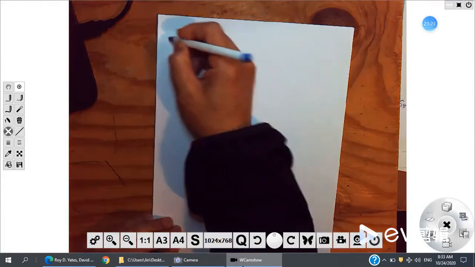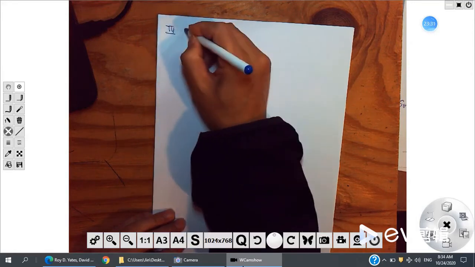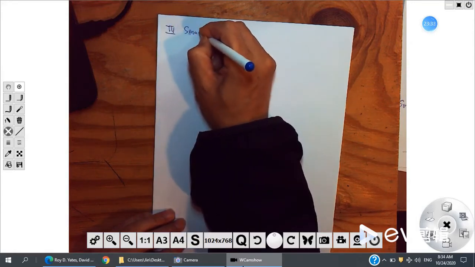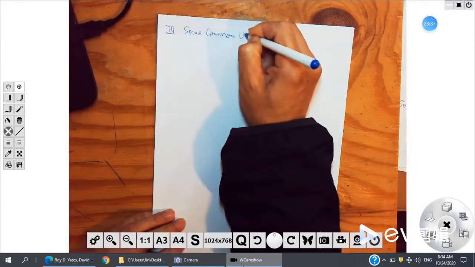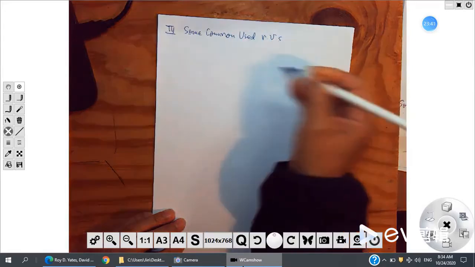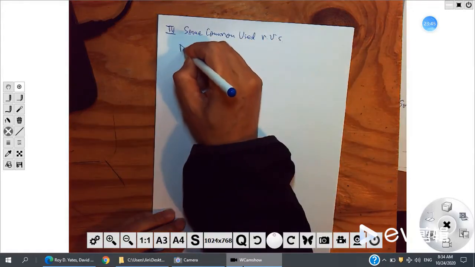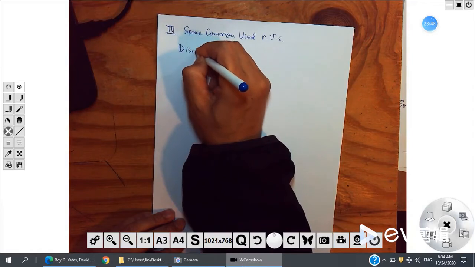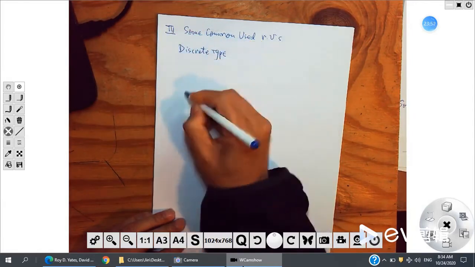So here I say part 3, some commonly used random variables. We have two types: discrete type and continuous type.